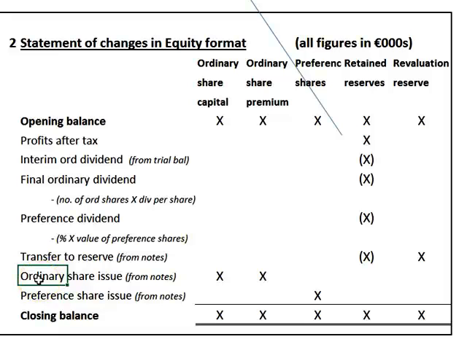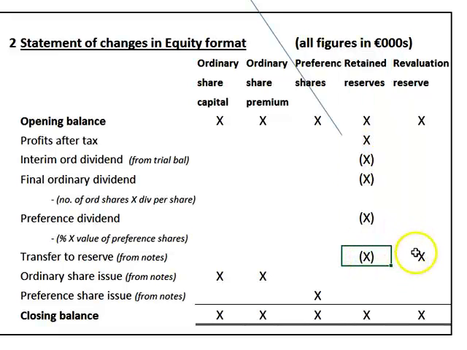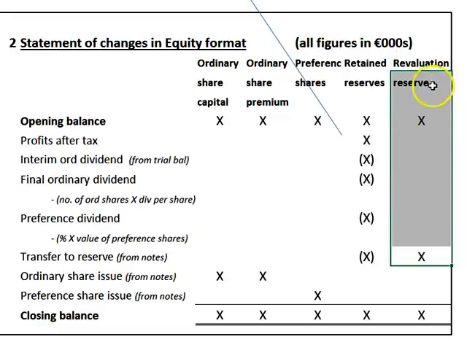And then, so up to now, you'll notice that the only thing that's been affected has been retained profits. So your profits at the end of last year, add this year's profit to it, and then take away dividends, and then take away the transfer to reserve, which increases the revaluation reserve, or the other reserve that you've moved the profits into.